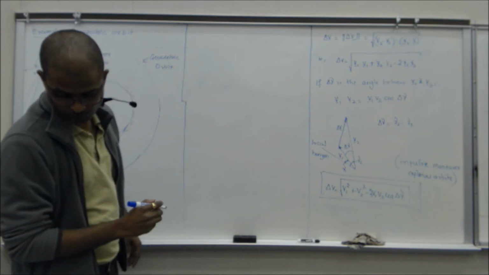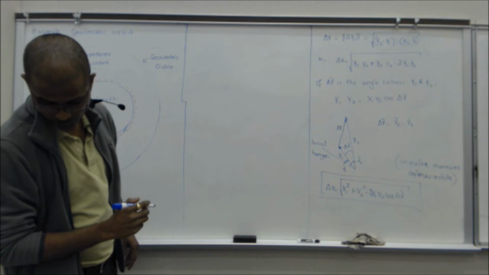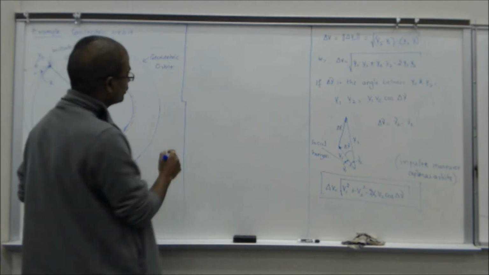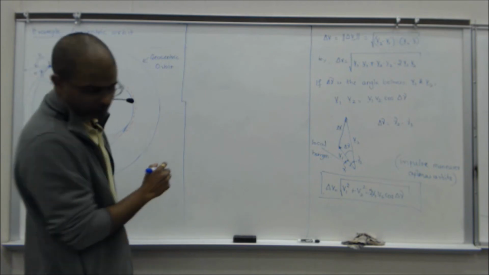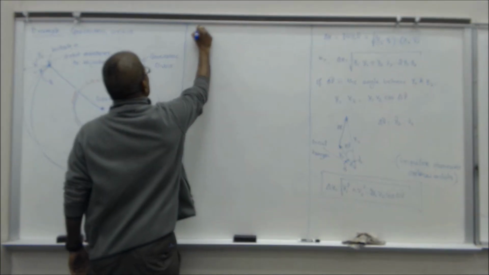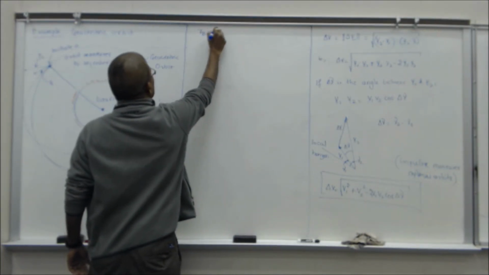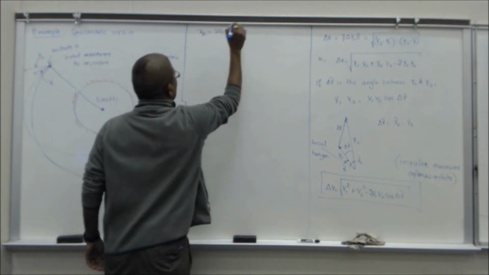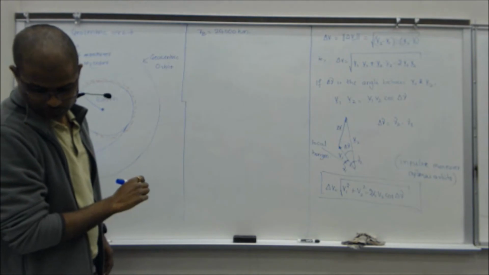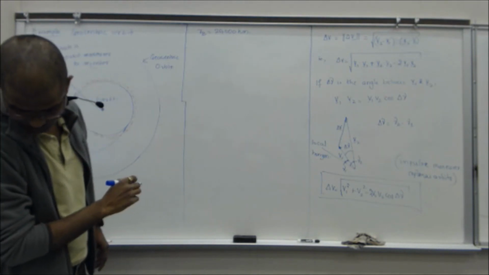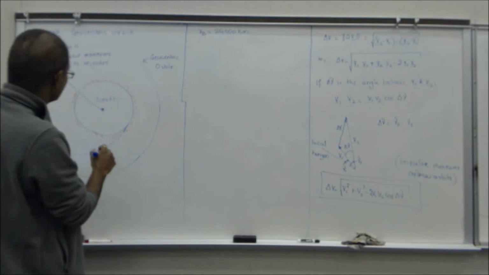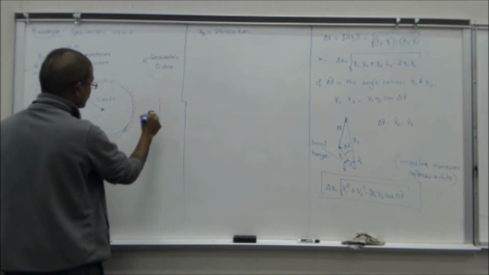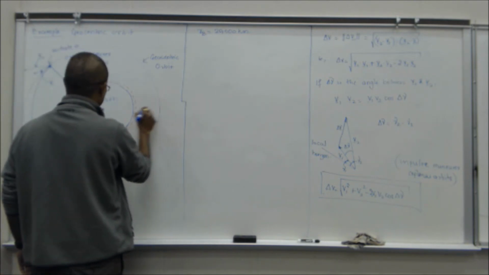So what is given for this orbit? So R B is 20,000 kilometers. So this is point C. Okay.